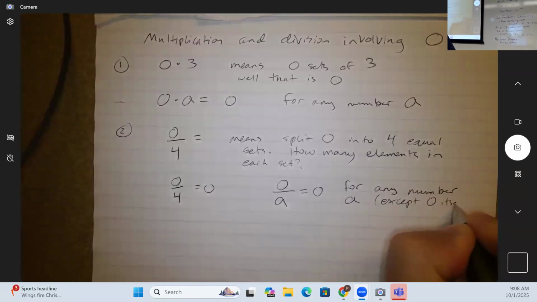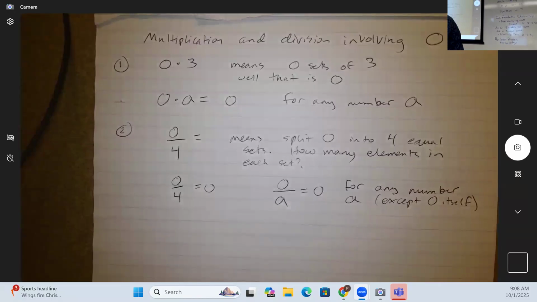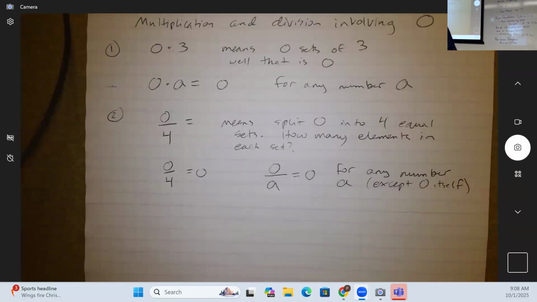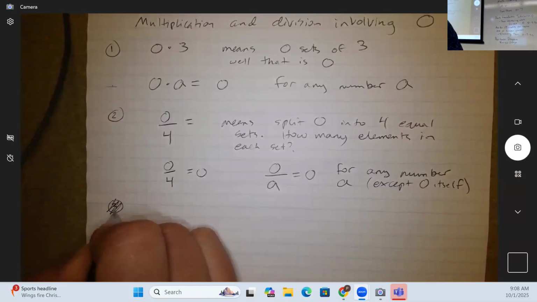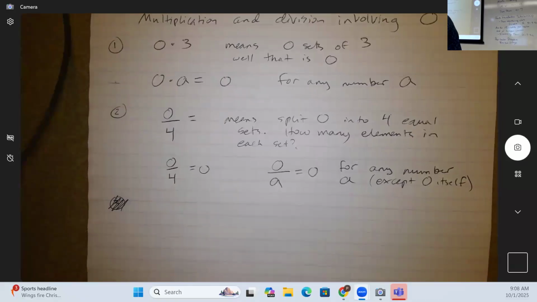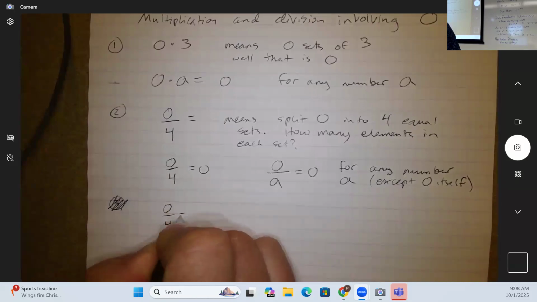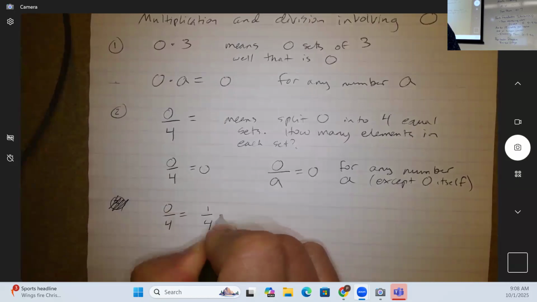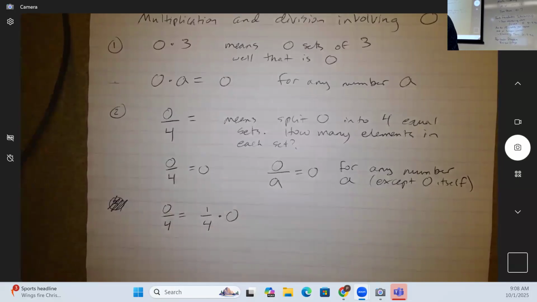And I'm breezing through this a little bit faster so that we have more time for our worksheets. So far, so good. 0 times any number, yeah, that's 0. Oh, before I move on, let's see that rule 2 is actually the exact same as rule 1, because I can use my multiplication notation. 0 divided by 4, oh, well, that's just 1/4 times 0.